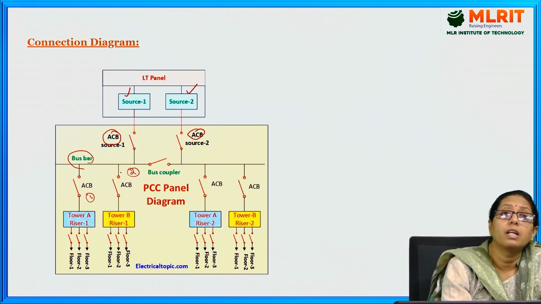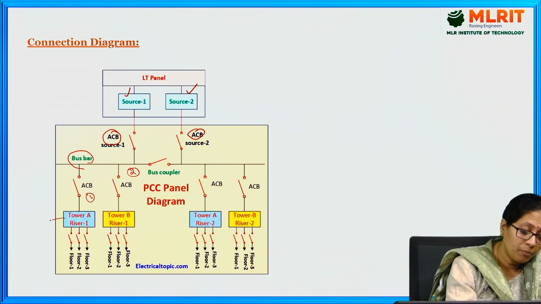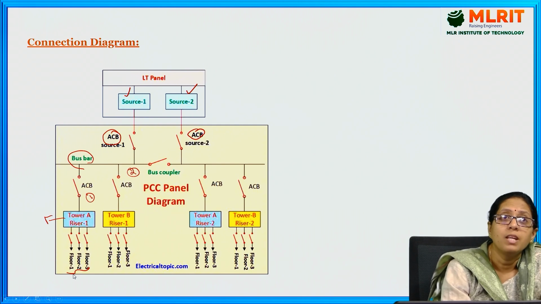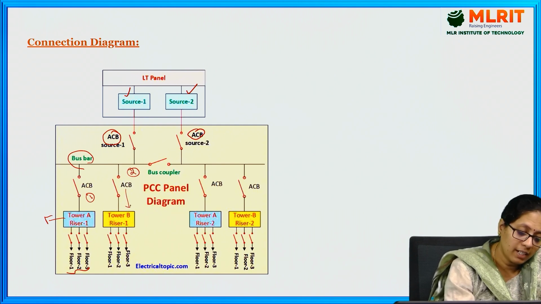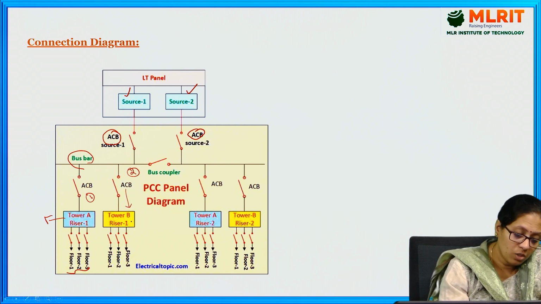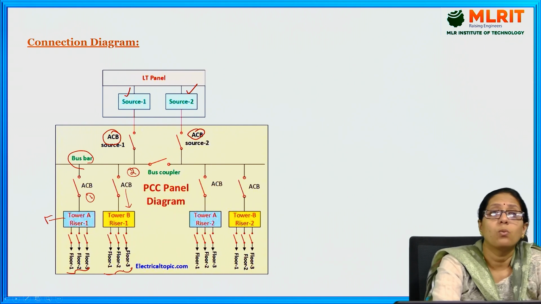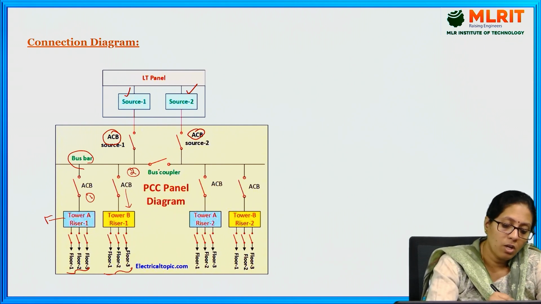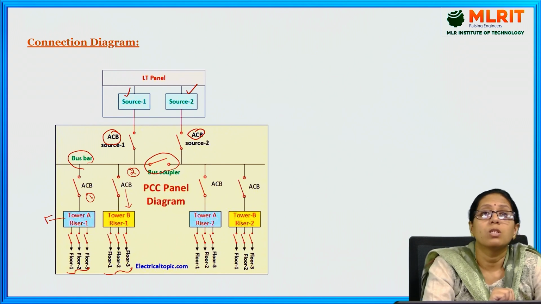From the first circuit breaker, tower A is connected, which is connected to three different floors, that is 1, 2 and 3, and this is connected to tower B. Here also it is connected to floors 1, 2 as well as 3, and there is a small switch between the bus bars here.